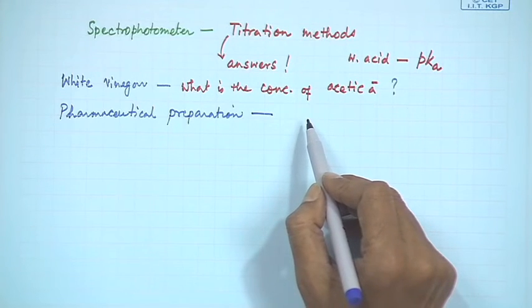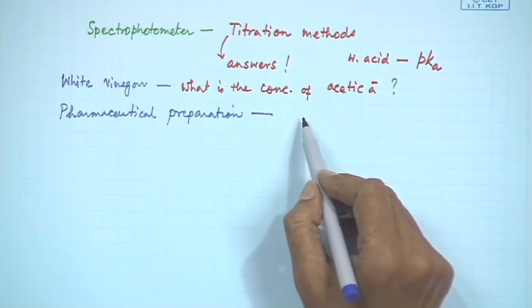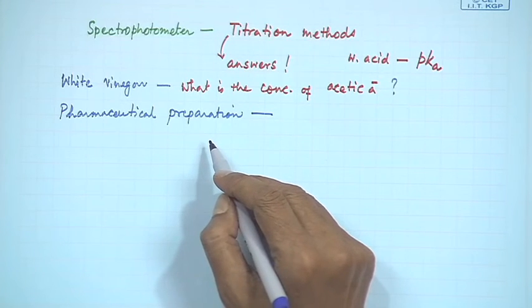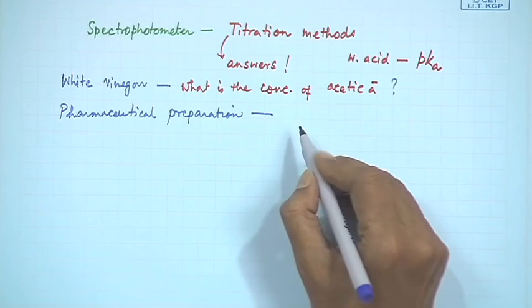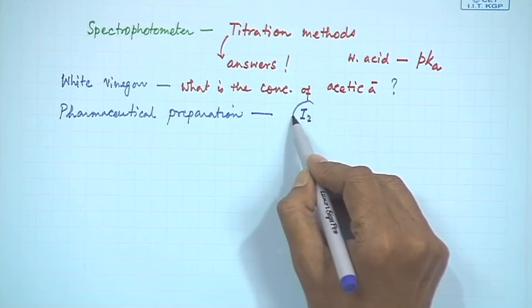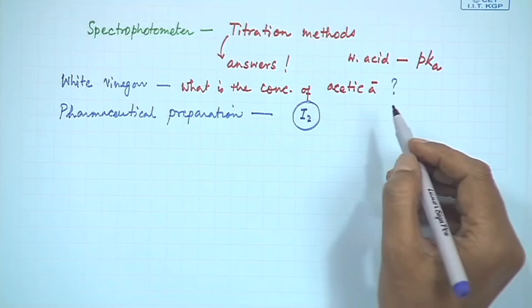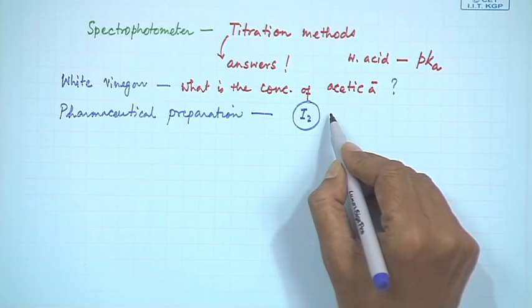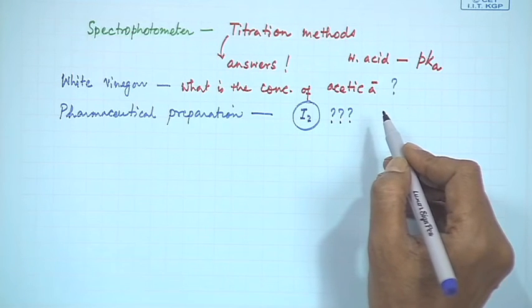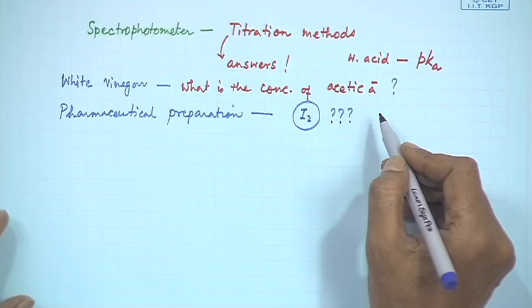That example we have seen just now regarding the preparation of aspirin from salicylic acid. Suppose we have certain other pharmaceutical preparation where some iodine is present. So, not the simple acid like salicylic acid. So, we have to use this particular ingredient in the pharmaceutical preparation by some titrimetric method.